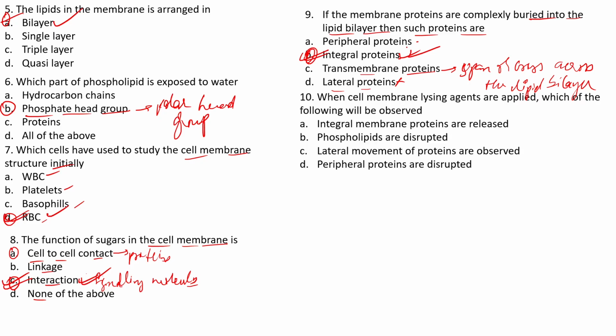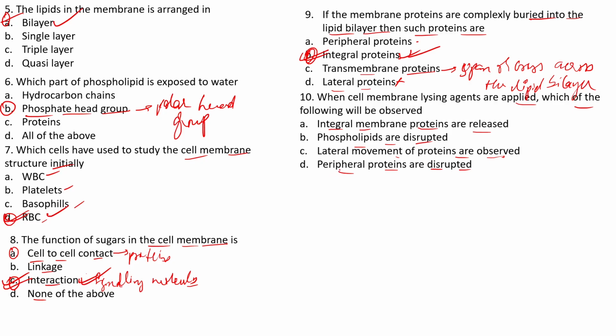Remember this. Now, when cell membrane lysing agents are applied, which of the following will be observed? The integral membrane proteins are released, phospholipids are disrupted, lateral movement of the proteins is observed, or peripheral proteins are disrupted. Which is the easiest protein that can be removed from the cell membrane?